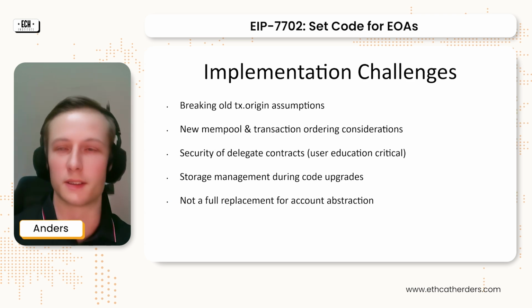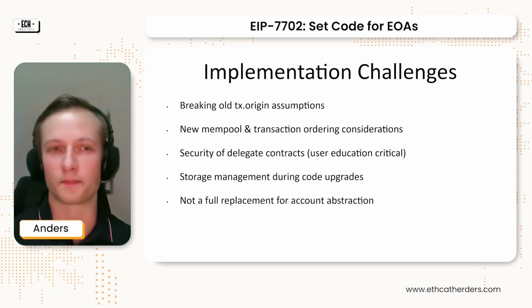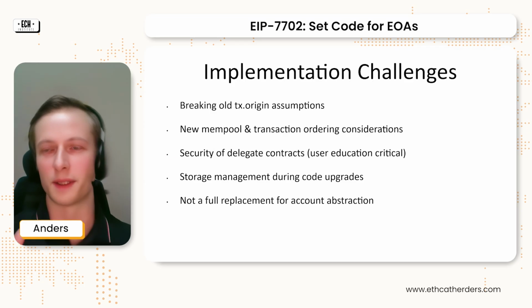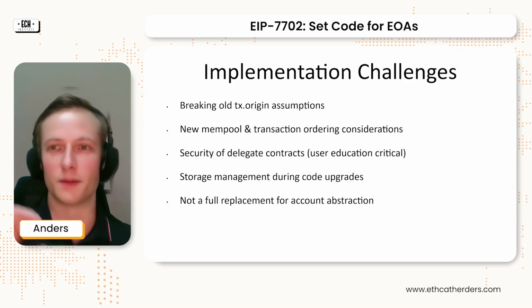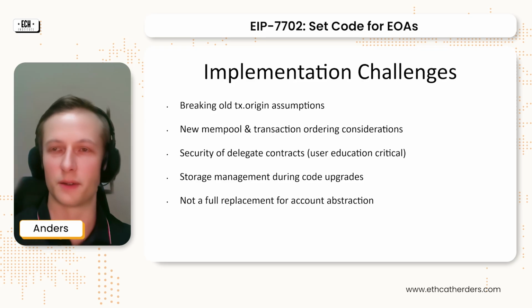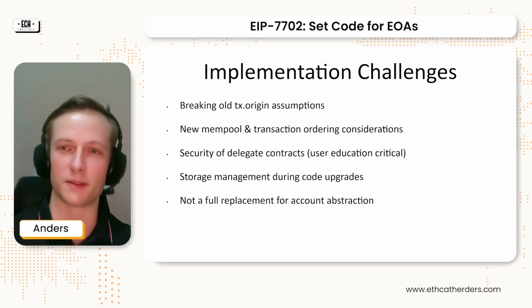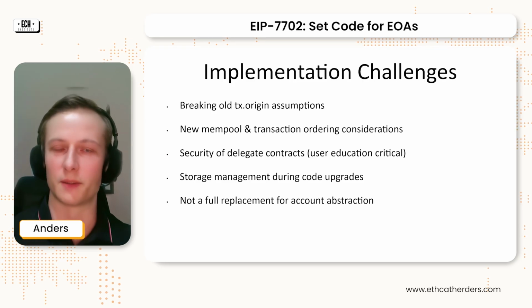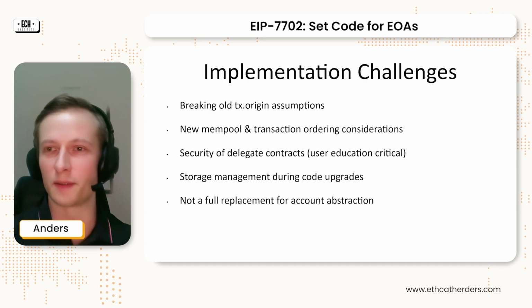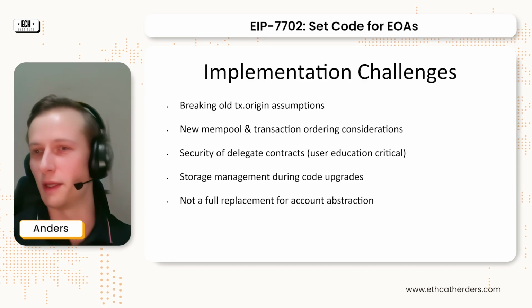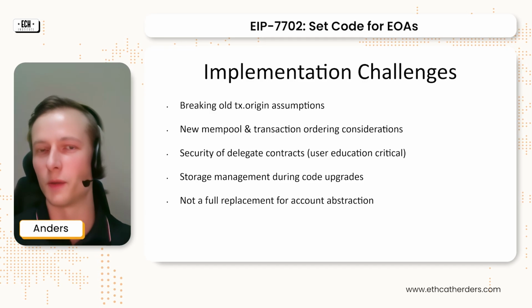This 7702 actually flips up and down some of those assumptions, because if your EOA is now able to run code, it also means that your EOA is able to transfer ETH, transfer stablecoins, transfer NFTs, or whatever else, without the EOA ever signing anything.